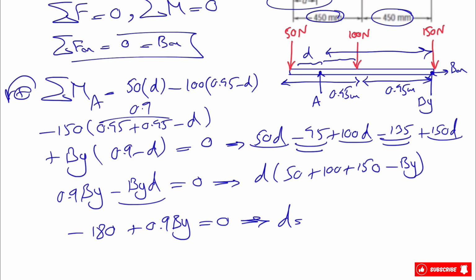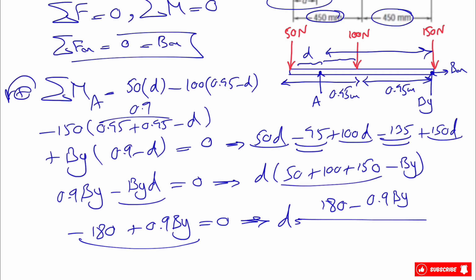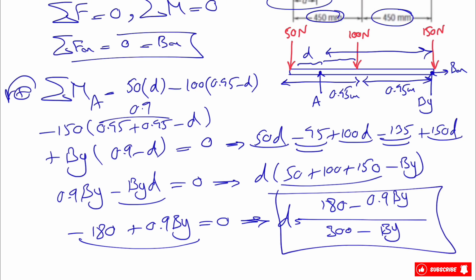If we take these two to the other side of the equation, we have D equals 180 minus 0.9By, divided by 300 minus By. So that's one thing that we get from our first equation.